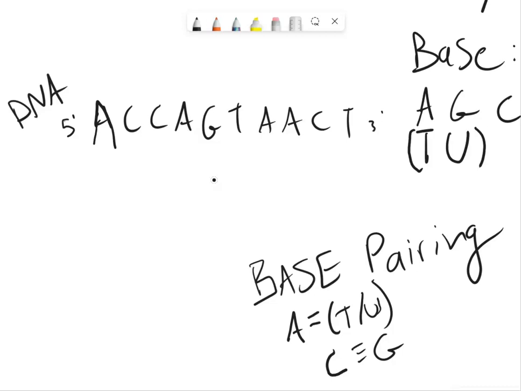But if I know this sequence, I know exactly what the opposite strand would be because of base pairing, and that's essential to how DNA works and how we use it. So this is going to be an A, so it's going to be 5' A, G, T, T, A, C, T, G, G, T, 3'. So that's some double-stranded DNA with the base pairing we expect.